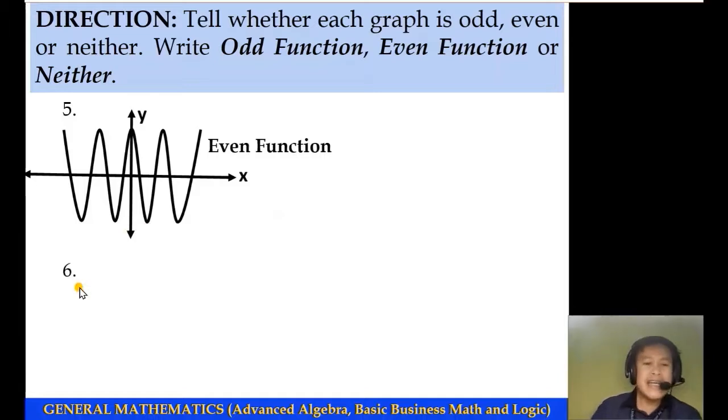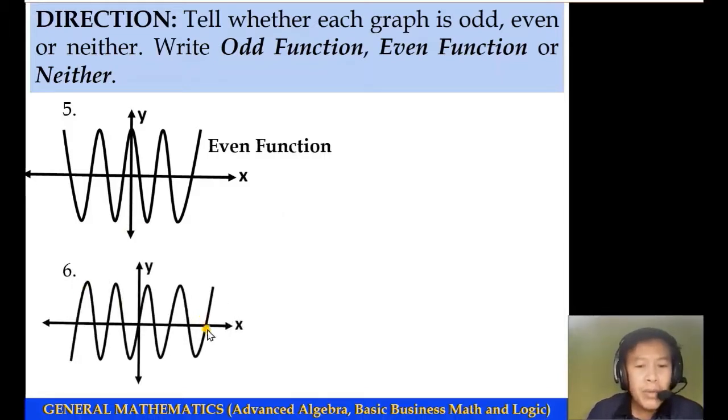Number 6. This is a curve with similar characteristics to this particular curve. But, of course, they have differences. And the major difference is the symmetry. Because this curve is symmetric with the origin, this is an odd function.